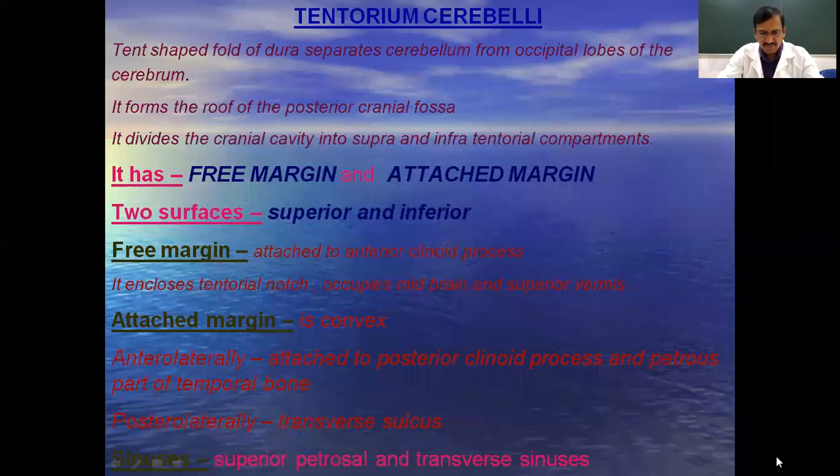On both sides of this there is a sulcus. That area provides attachment to the posterior attached margin, and it accommodates the transverse sinus. It is called transverse because it is transversely arranged. You can see here this blue color, it is nothing but the transverse sinus.